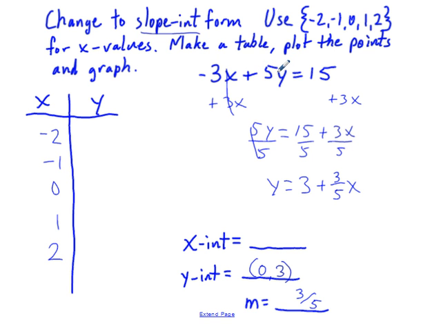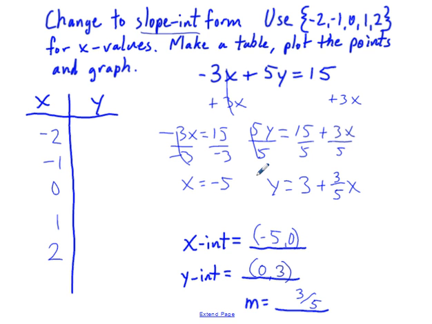We can cover up the y. So if we let y equal 0, negative 3x is equal to 15, and we divide by negative 3, solve for x. X is equal to negative 5. So that would be our x-intercept of negative 5, 0.